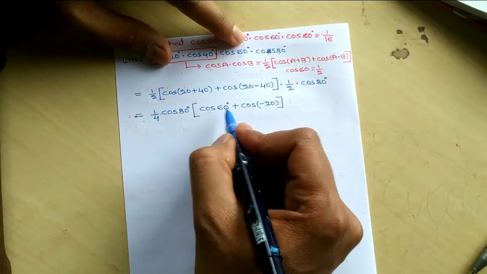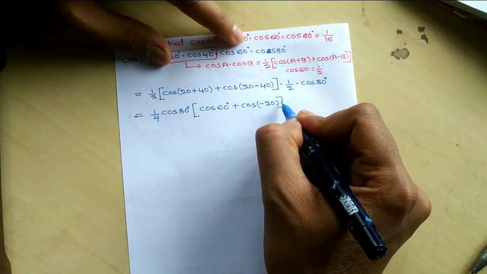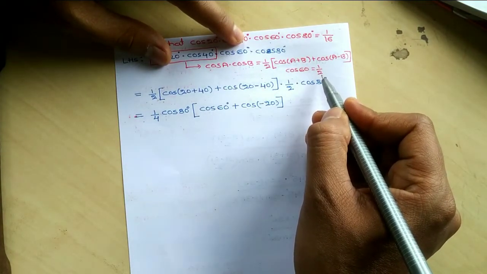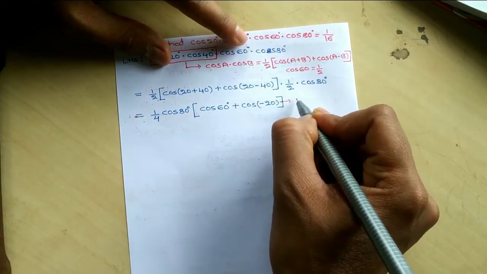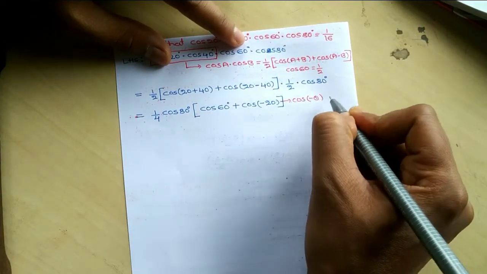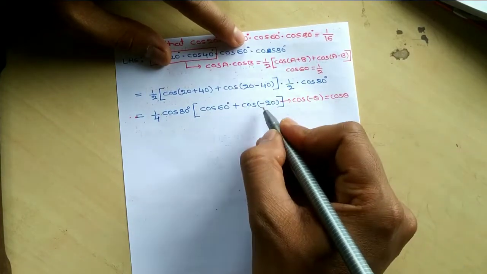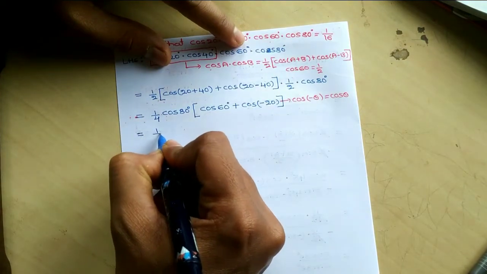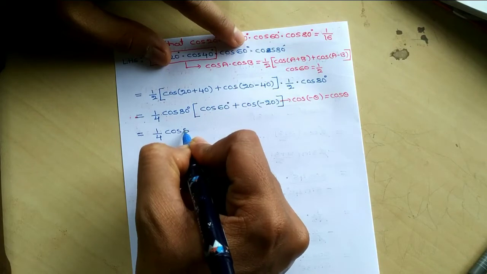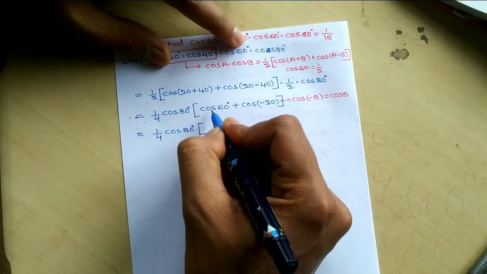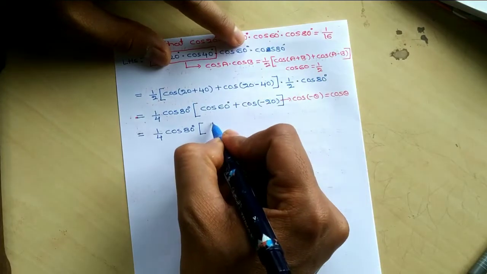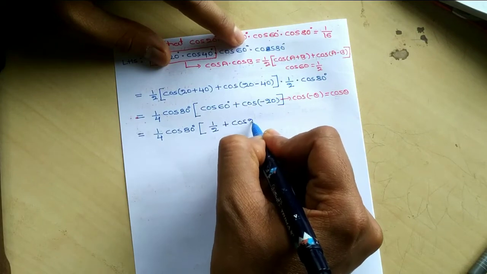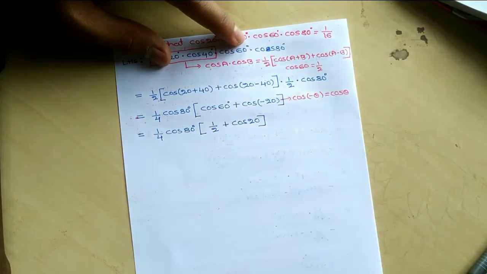So next, again these two values you know, correct? Again cos 60 degree is 1 divided by 2. Next, here cos of minus theta value is only cos theta. Correct? So which is equal to 1 upon 4 cos 80 degree, keep it as it is, into cos 60 degree, which is 1 divided by 2, plus cos of minus 20, which becomes only cos 20 because of this formula.